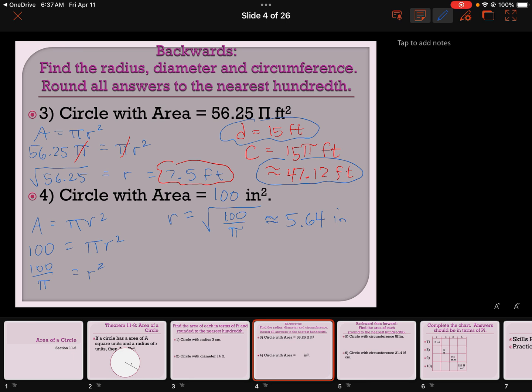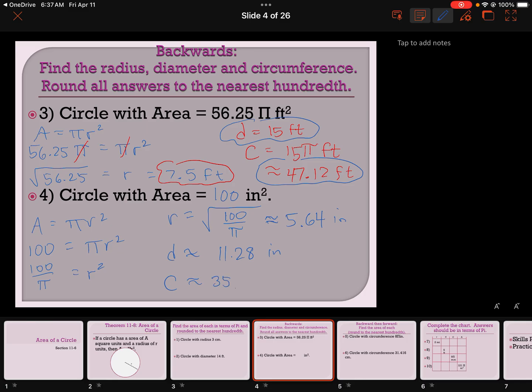Now, I'm not going to multiply that 5.64 by 2. I'm going to multiply the number on my calculator by 2. And then I can round that. 11.28. That's how I find my diameter. Okay, now I'm going to take that same number again, and I'm going to multiply that by pi. That's how I'm going to get my circumference.